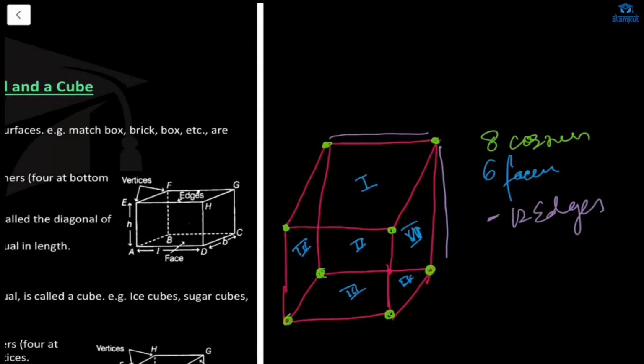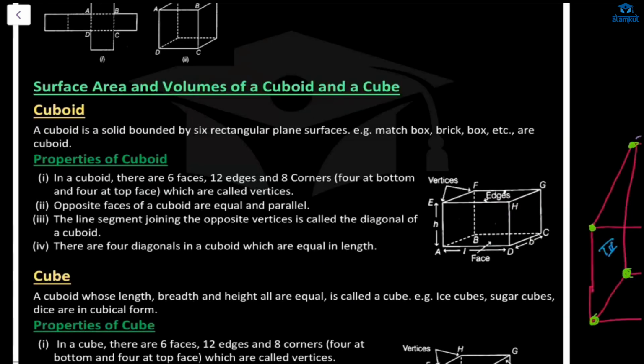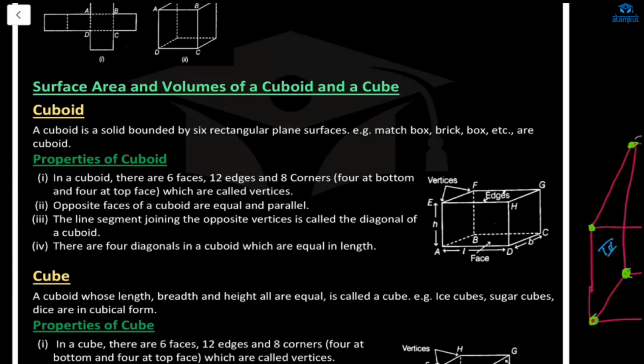So a cuboid is a solid bounded by 6 rectangular plane surfaces. Some examples you can see are a box, a brick, and your room. Many different examples you'll see around of a cuboid. Now the properties of a cuboid: the first I've already mentioned, that it has 6 faces, 12 edges and 8 corners.